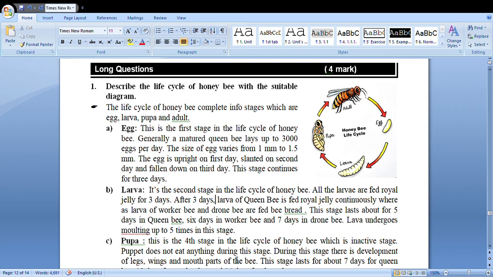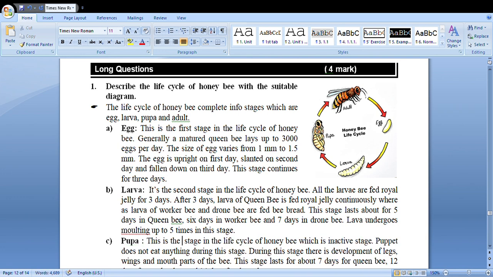So this way larva stage completes. Now pupa stage. This is the third stage, not fourth, third.